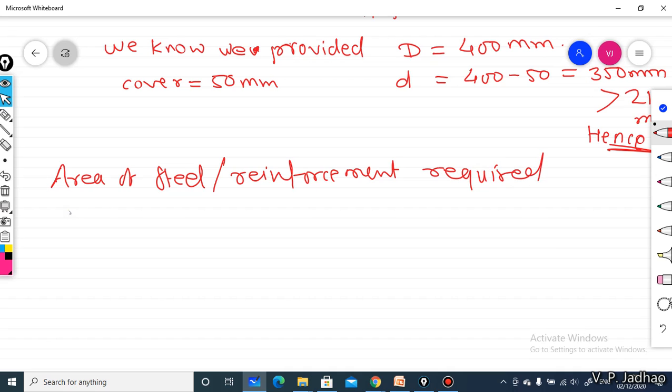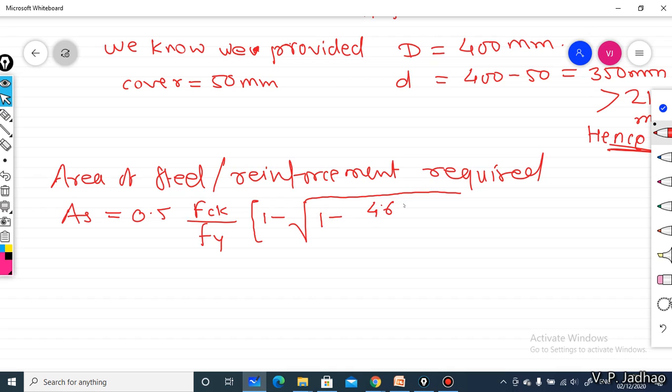Let us consider Ast. We know the formula for calculating the area of steel: 0.5 FCK upon Fy into 1 minus square root of 1 minus 4.6 Mu divided by FCK B D square, into B into D.